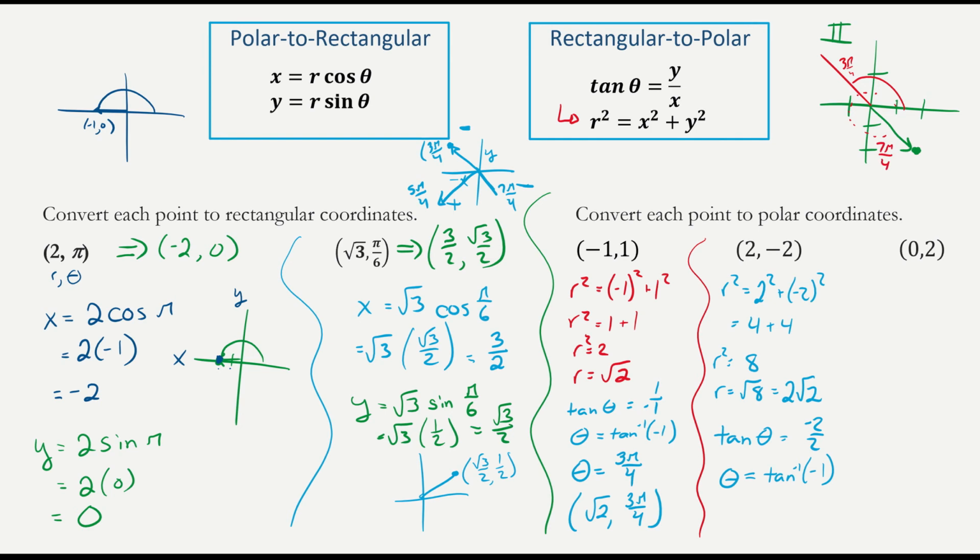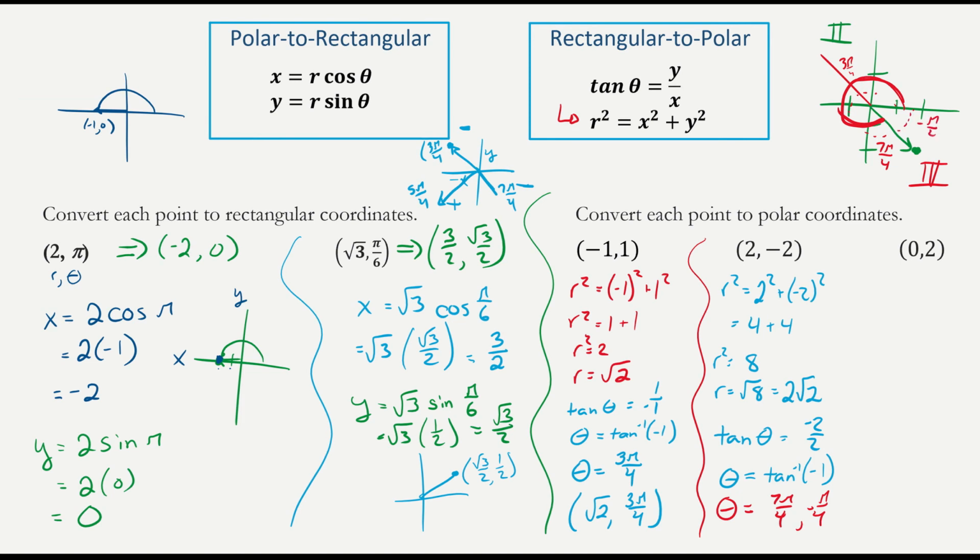or all the way around to be 7 pi over 4? Well, you can see I should be in the fourth quadrant this time because the point 2, negative 2 is in the fourth quadrant. So this time when I take theta, I'm going to say theta equals 7 pi over 4. Or you could say negative pi over 4. Those are both the same, right? 7 pi over 4 goes around.